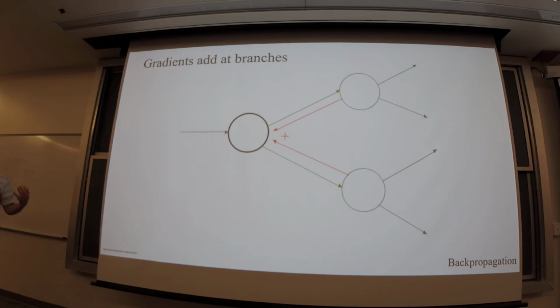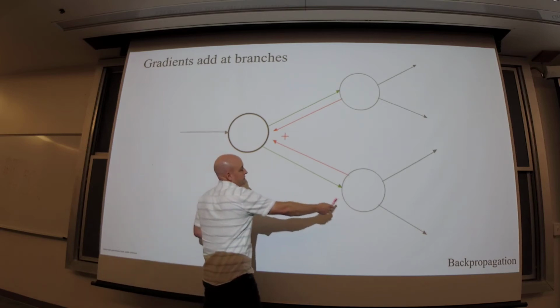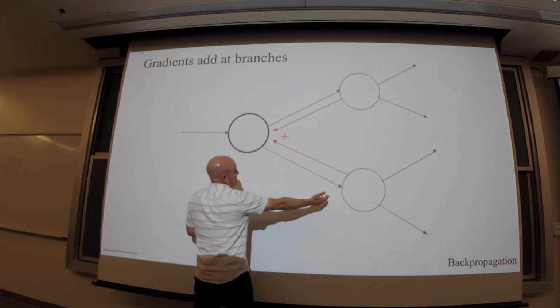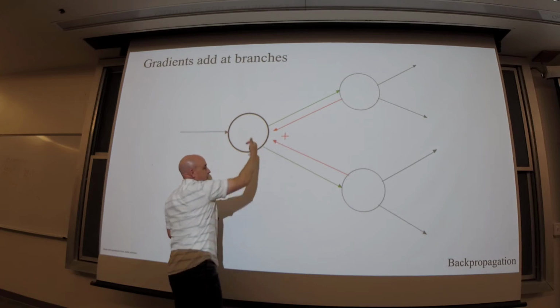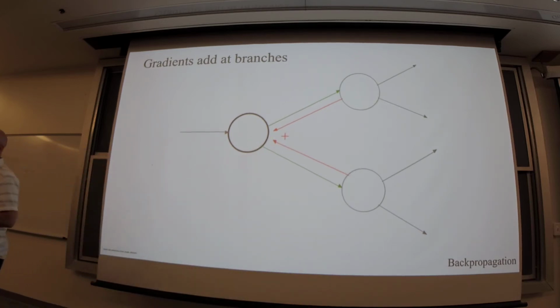But this happens all the time when these things get branched out. The good news is this is not hard to deal with. You're basically going to have two upstream gradients, and you just add those together and pass that through the node.